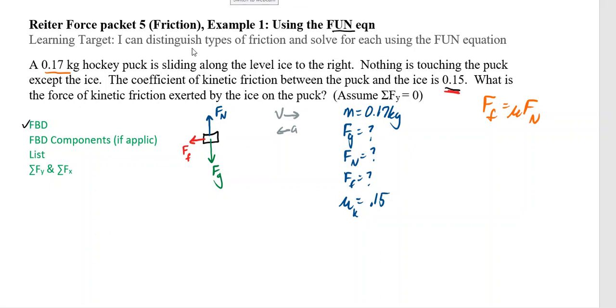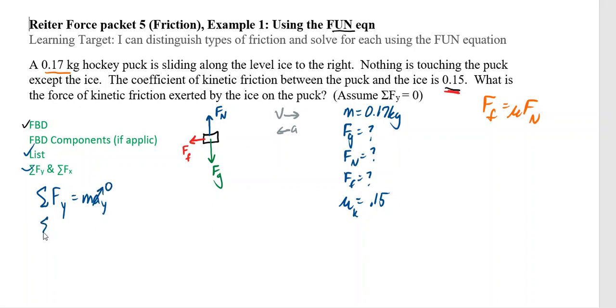Well, let's go ahead and do that net force equation. Net force on the y equals mass times acceleration on the y. All right, good stuff. Am I accelerating on the y-axis? Is the puck floating up into the air or falling down? No, it's just moving along nice horizontally. So that means the acceleration on the y is 0.